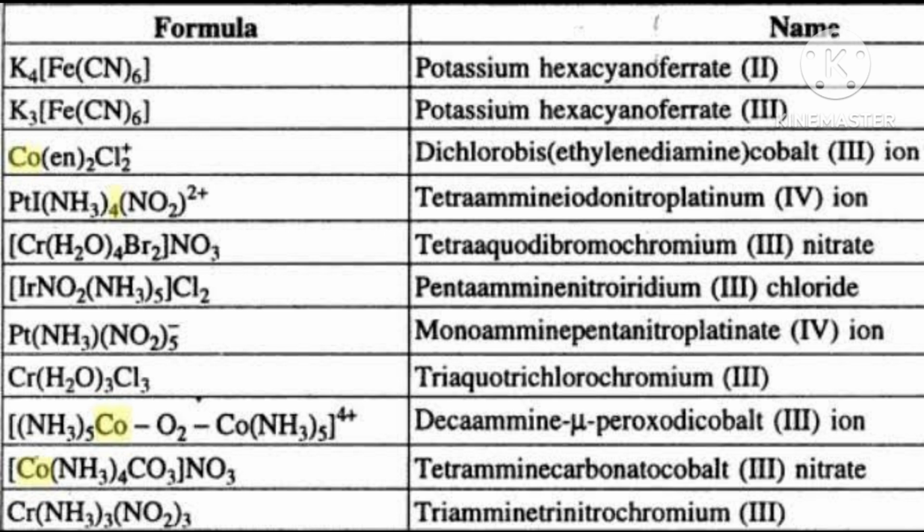As for example, many examples are already given: cobalt cyanide 6, Co(CN)6. It is in a square bracket, outside 3 minus.